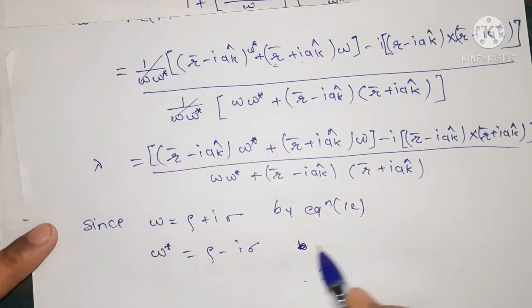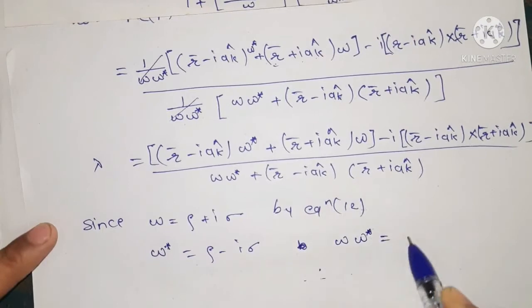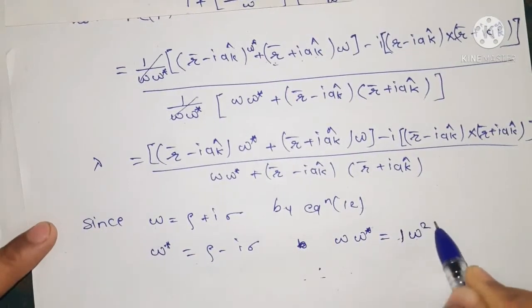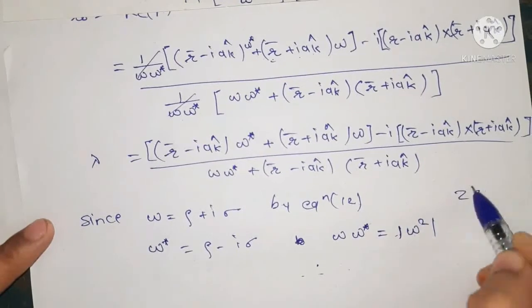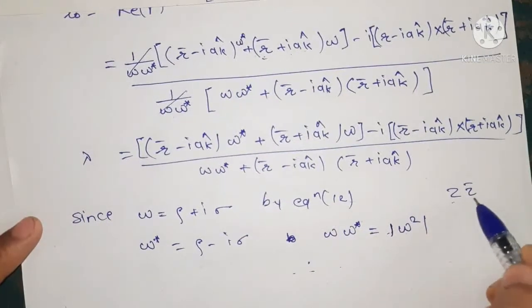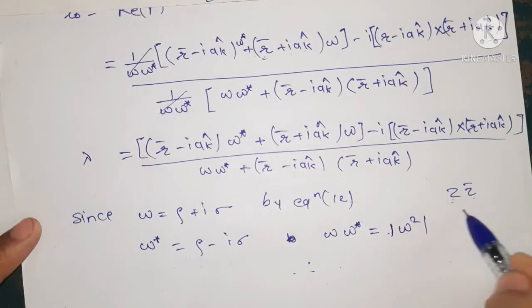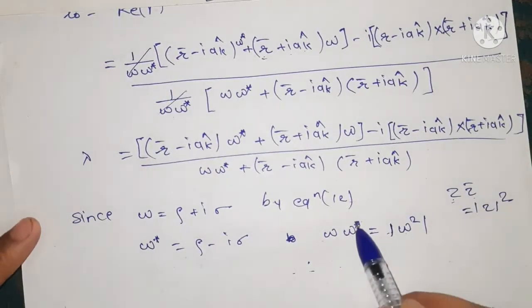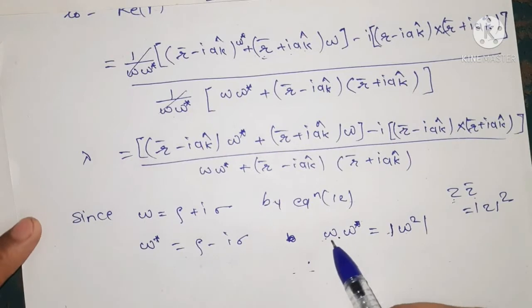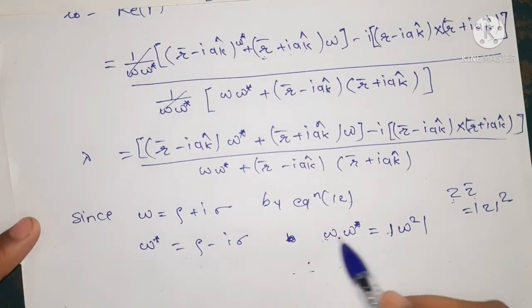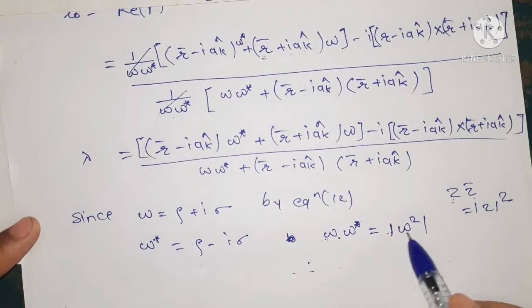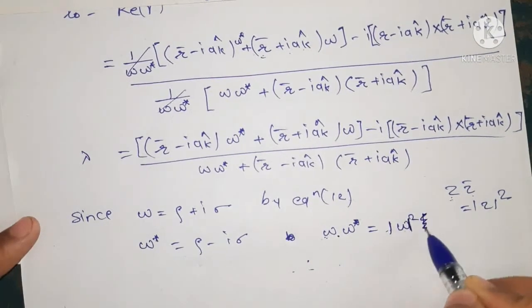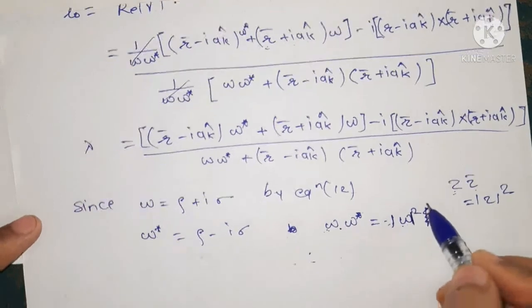And omega into omega star will be equal to the modulus of omega squared. That is, when we multiply z by its conjugate z bar, it will be equal to the modulus of z squared. So the same here: omega into omega star is a complex quantity times its conjugate, and therefore the product will be equal to the modulus of omega squared.